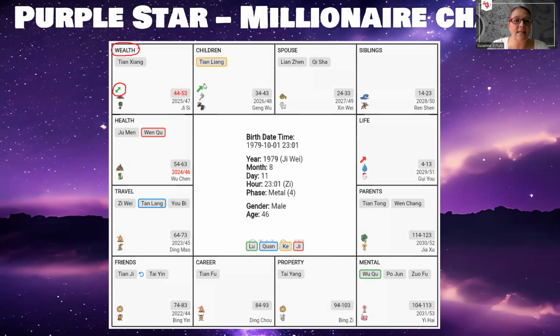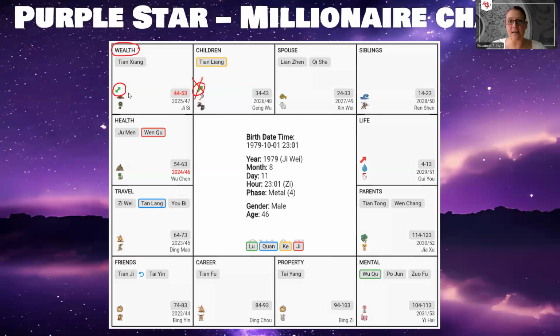So this one here is a single-headed arrow. Yeah, single-headed arrow does not count. We're looking for the double-headed arrow. And not everyone will have them, of course, otherwise we will all be millionaires. So take a look whether you have a double-headed arrow in your wealth palace.